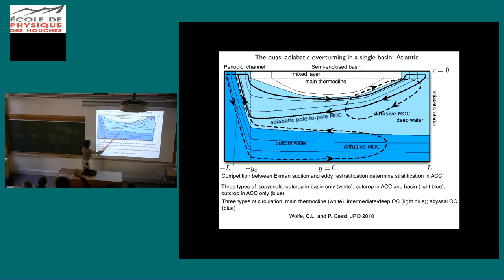Then there are these isopycnals here which do not enter, they're not found in the periodic region. Why are the Antarctic waters colder or denser than the Arctic waters? Because there is an overturning, and the reason why the Arctic waters are warmer partially is because there is an overturning which transports heat there.